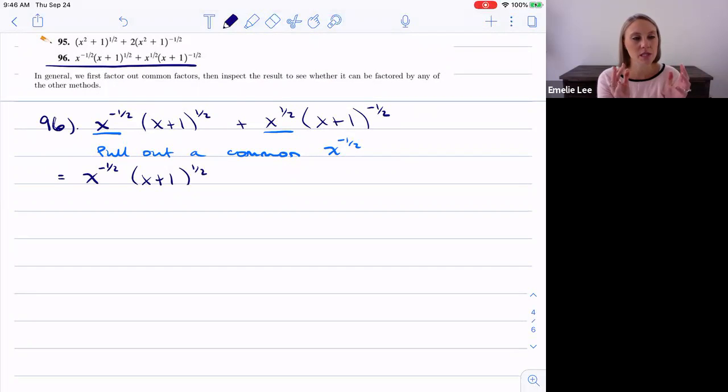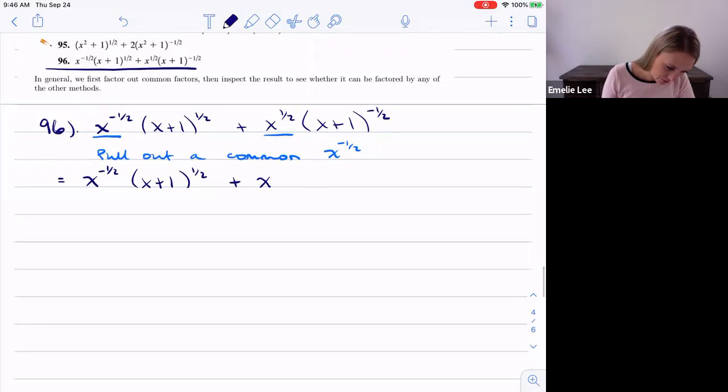That first term stays the same, but if I want to pull out an x to the negative 1/2 from this next x, I have to kind of extract it. Just like we did 14 divided by 7 earlier, I have to do the same thing with the x to the 1/2. So I'm going to rewrite x to the positive 1/2 as x to the negative 1/2 plus 1, all in the exponent.